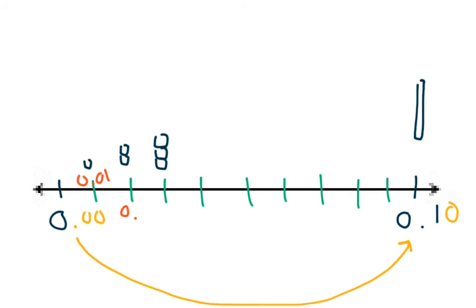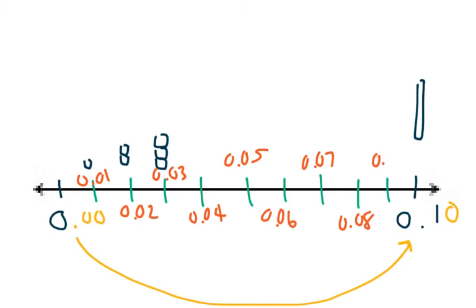Next I would have 0 and 2/100ths, 0 and 3/100ths. And I know it's 0 because my number line started with a 0 and I haven't made any full wholes yet and I haven't made any tenths yet. And once I get to 9/100ths, if I add one more, then I would have made a whole long.